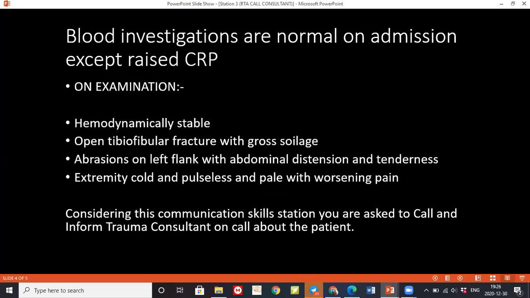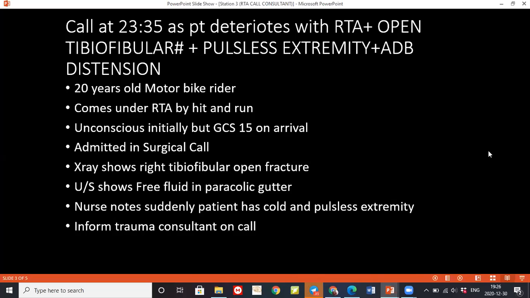So there is a 20-year-old gentleman who had an RTA and has been injured severely. He was basically hit and run by a vehicle, and he was brought to emergency, and a surgical call was given.